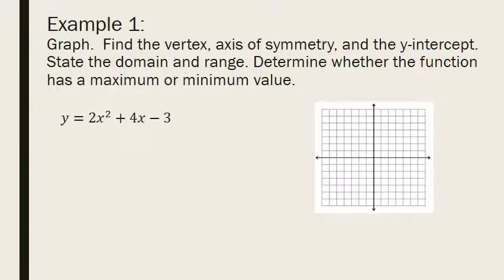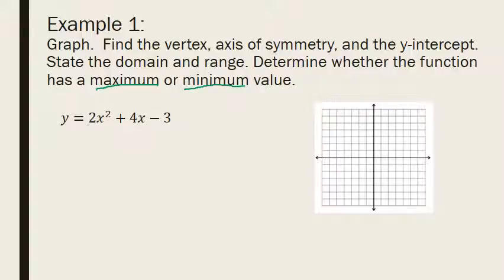Okay, let's look at example 1. Right here they want us to find the vertex, the axis of symmetry, and the y-intercept, state the domain and range, and determine whether the function has a maximum or a minimum value. So let's first do the easy part right here. Determine if it has a maximum or a minimum.